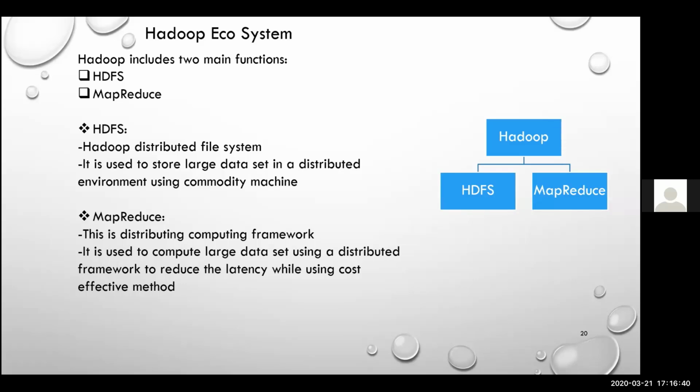So what is HDFS? HDFS is Hadoop Distributed File System. It will create one software layer on top of the underlying file system given by the OS, and it will give you an abstract layer to store all of your files. It's a special kind of file system.